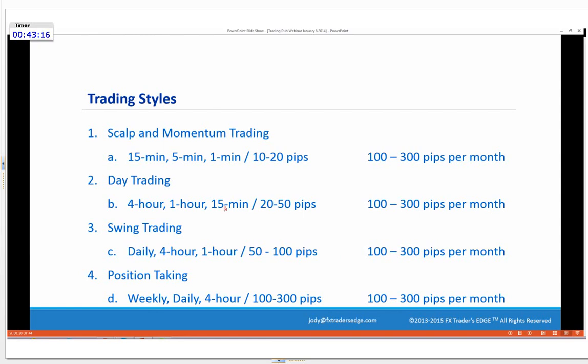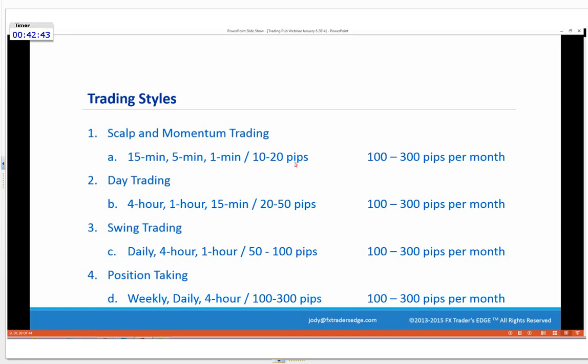As a day trader, let's say you try to take 20 to 50 pips. How many times a week do we need to take that to make 100 to 300 pips a month? Let's say 2 or 3 times a week. That's what you need to make 100 to 300 pips a month. And as a scalper, if you make 20 pips a day, you're talking about 400 pips a month, less days when you're not going to be profitable.